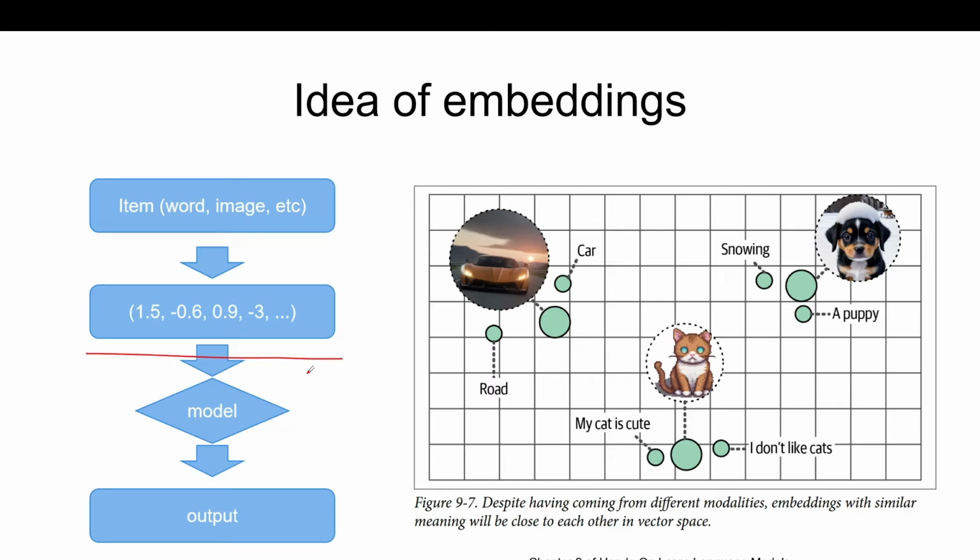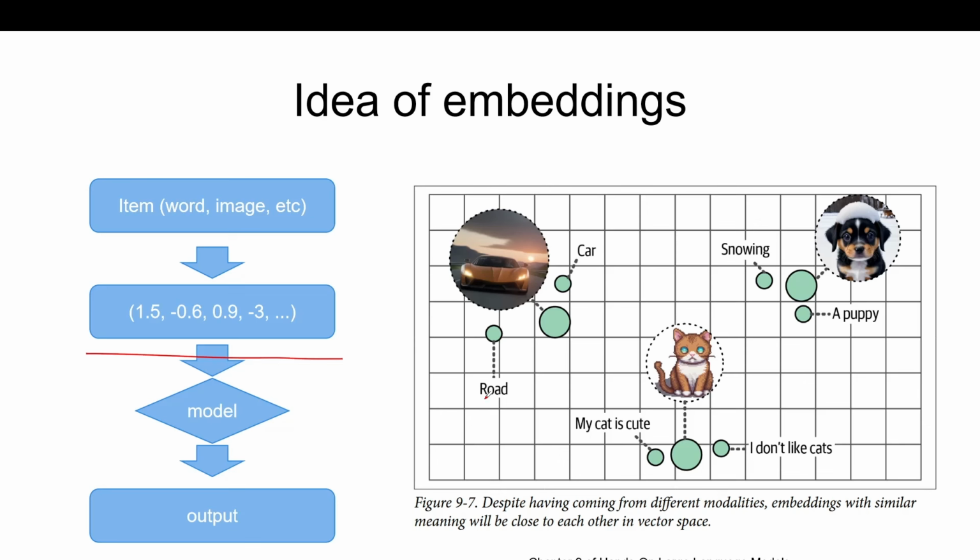And the second reason why we need embeddings is that the embedding itself has some semantic meaning. For example, in the graph here, we embed different kinds of input data into the same embedding space. And we can see that the data with similar semantic meanings are closer to each other in the embedding space.